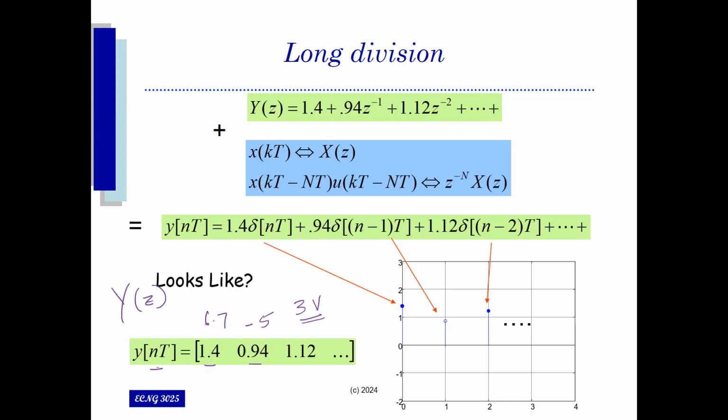That's the beauty about the long division approach. It immediately gives you an idea what the first couple of values coming out of the system are going to look like. You remember, again, a discrete time system is x(n) going into some h(n), and coming out of that, you have y(n) or y(nT).